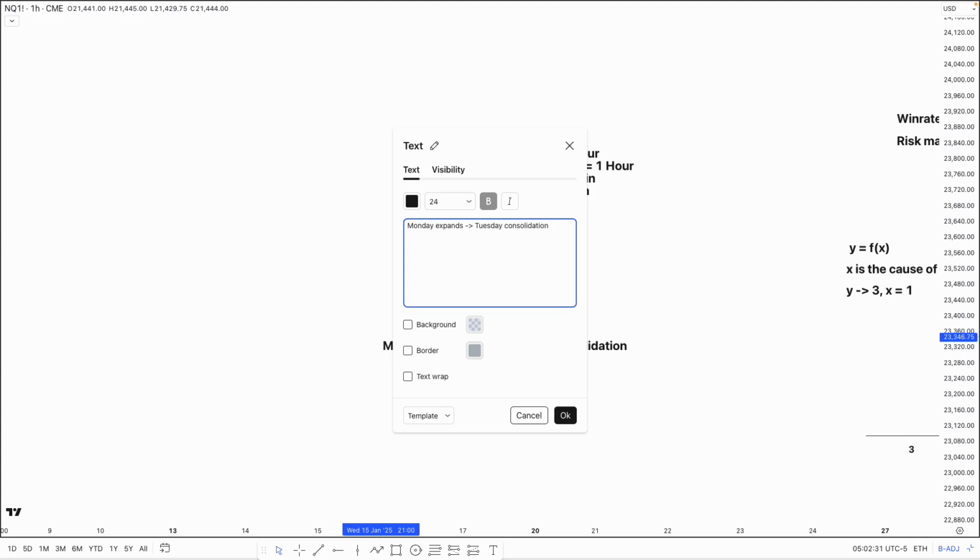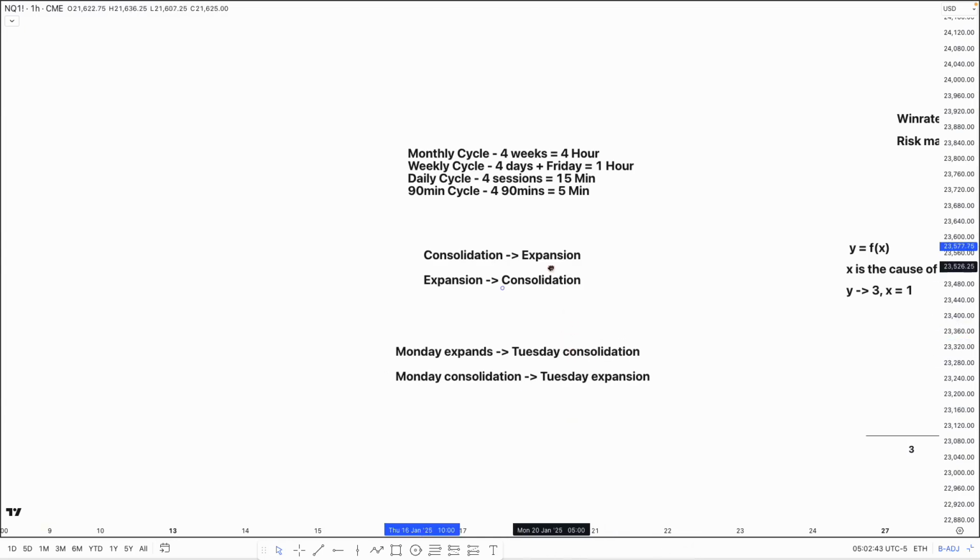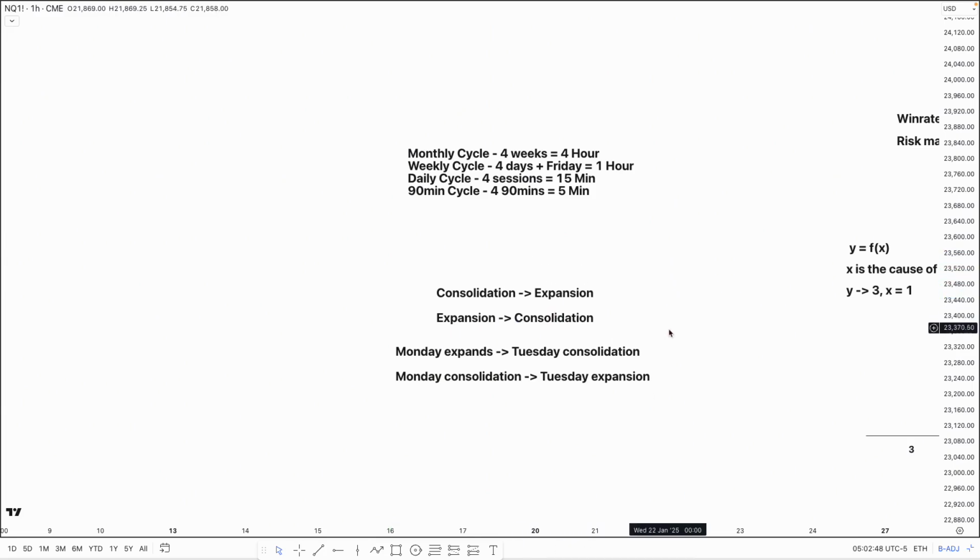And once again, vice versa. So a Monday consolidation will give us a Tuesday expansion. And whether Monday will expand or consolidate is something we will go into in the next video. But in general, these are the things we'll be paying attention to. Okay?